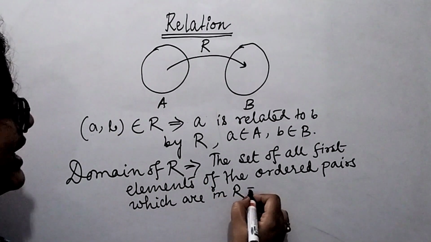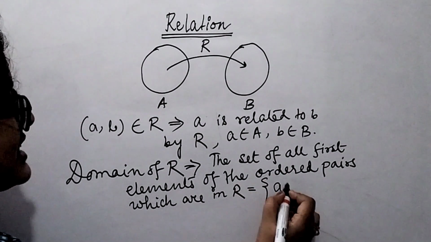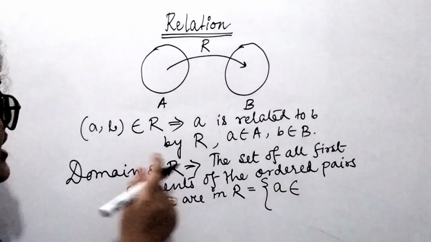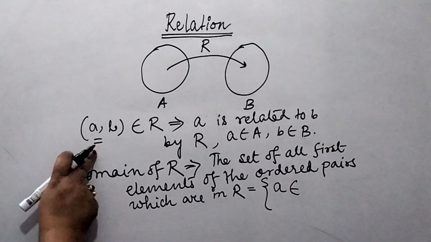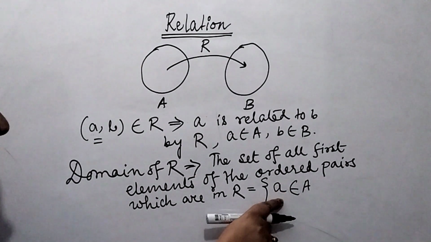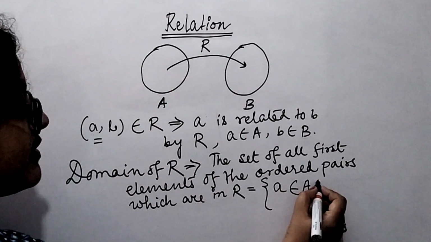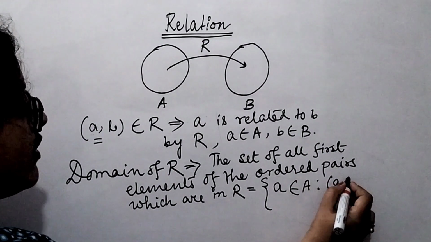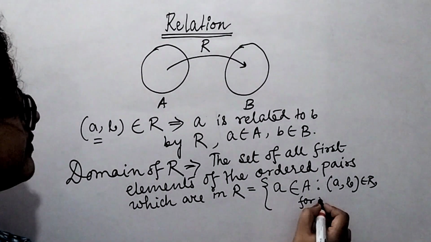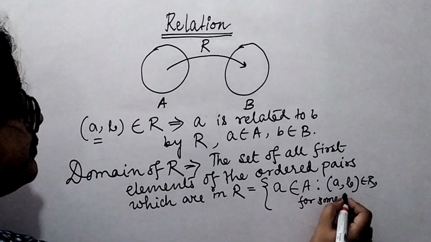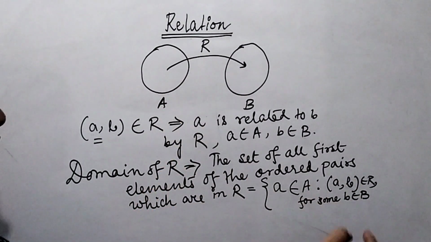Okay. So we can write it in set form: it contains those a's, that is the first element of the ordered pairs which are in R, where a, the first element, belongs to the first set, which is also known as the domain set, such that the ordered pair (a, b) belongs to R for some b belonging to the set B, which is known as the codomain set.